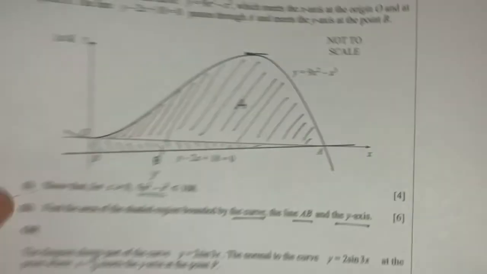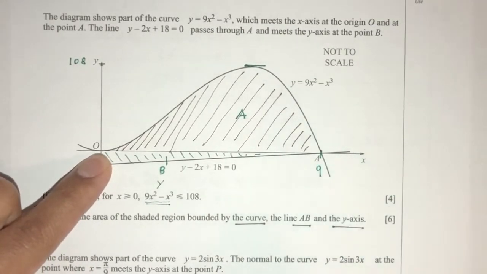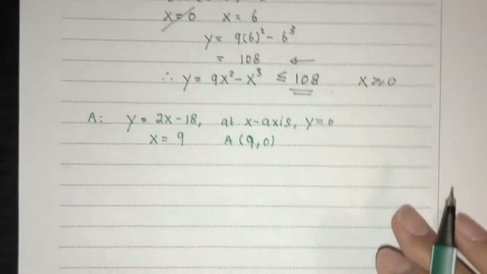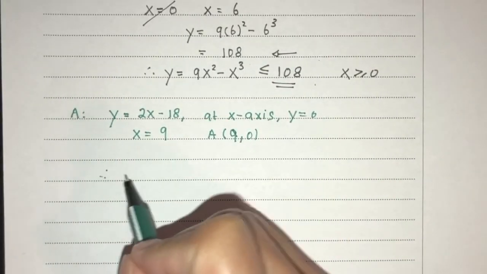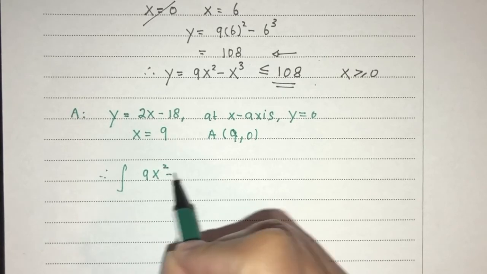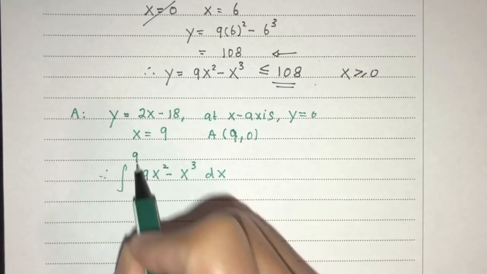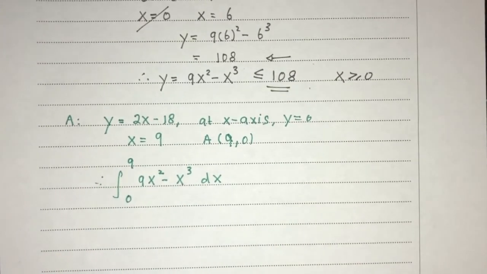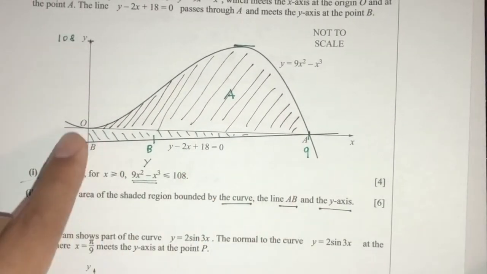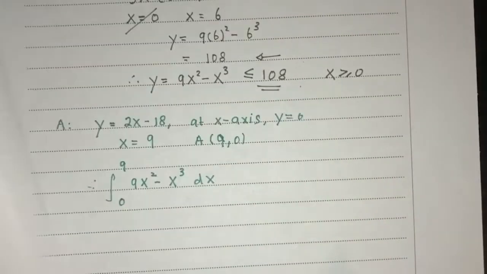So from here we have realized this is 0 and this is your point 9. So to find the area of A, we have to integrate your curve, which is 9x power 2 minus x power 3 dx between 9 and 0 according to your graph. That is the first part.